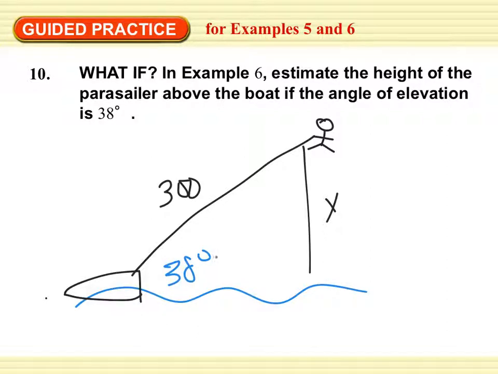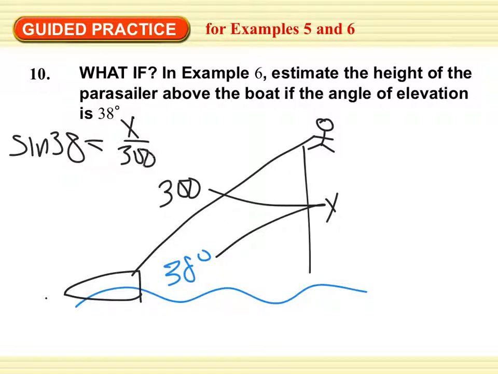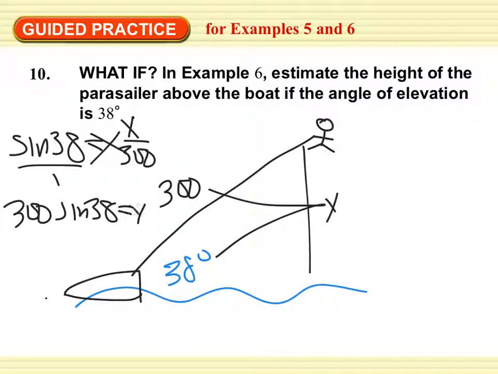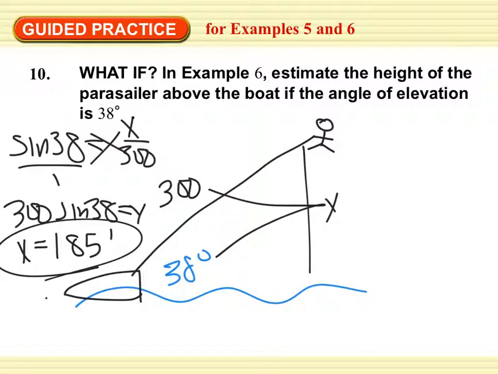So now opposite over hypotenuse. Okay, cross multiply. 300 times sine of 38. 185 feet. Still too tall.